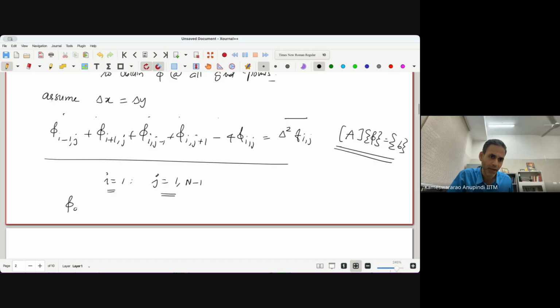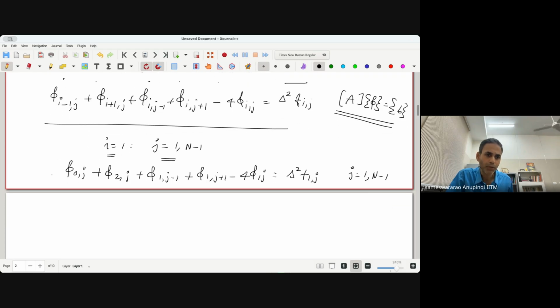This basically becomes phi 0,j plus phi 2,j plus phi 1,j minus 1 plus phi 1,j plus 1 minus 4 phi 1,j equals delta square f 1,j, with j going from 1 to n minus 1. But you realize that phi 0,j is not an unknown, because it is already known from the boundary condition.